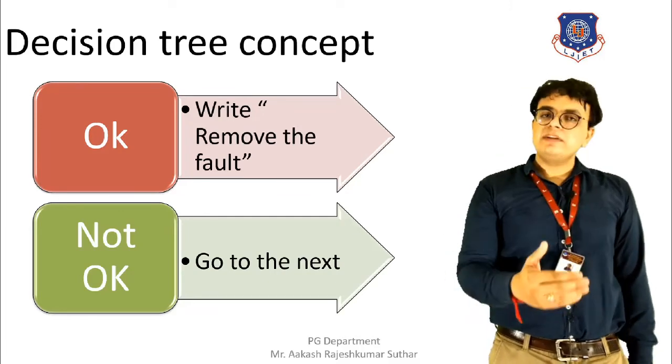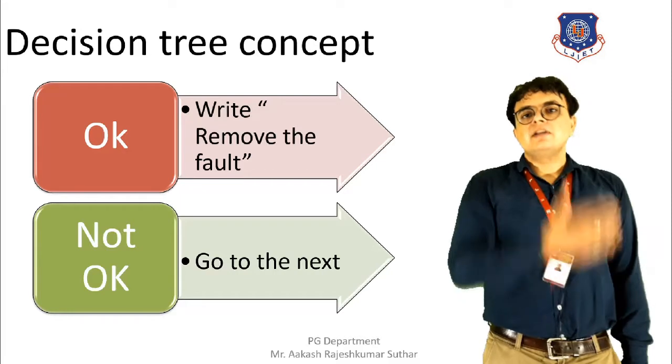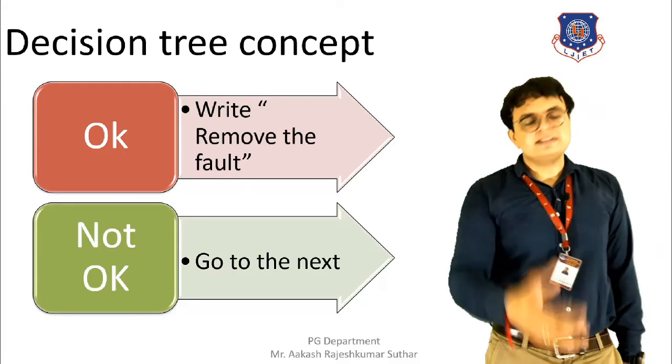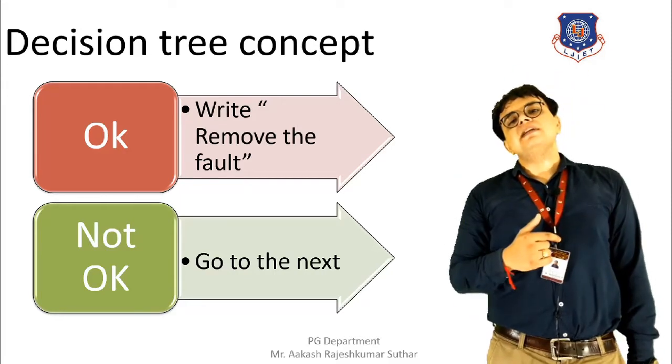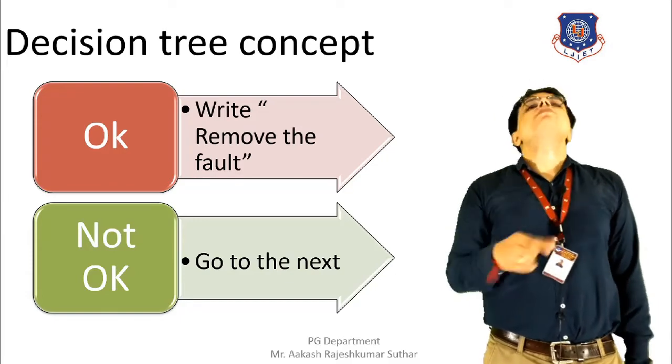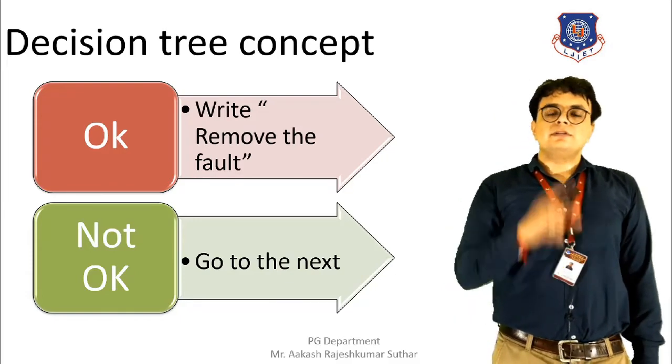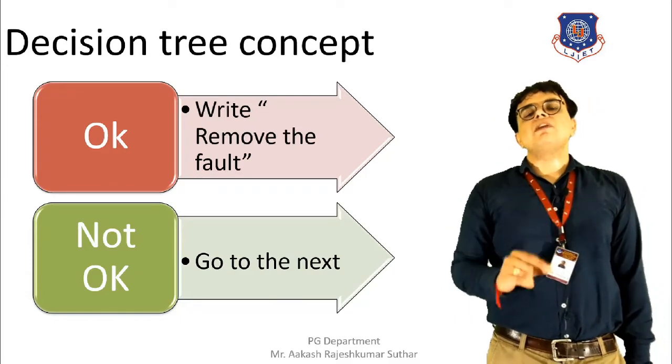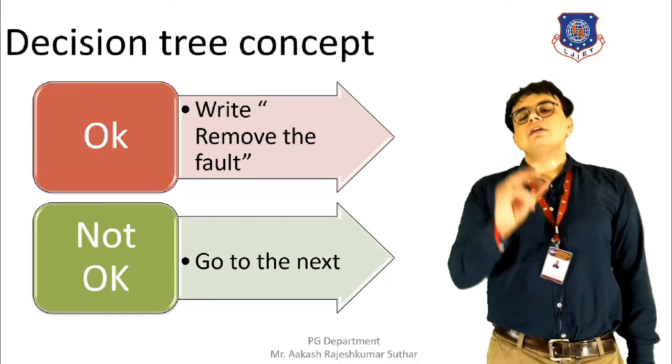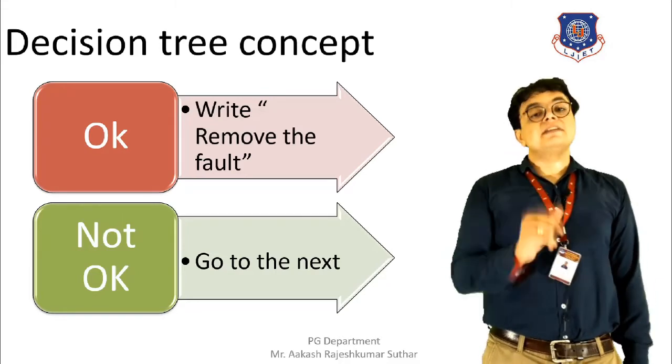In this way each and every fault, each and every reason should be arranged, and accordingly the decision should be taken. So this is how we can get to the final causes of the fault in a decision tree diagram.